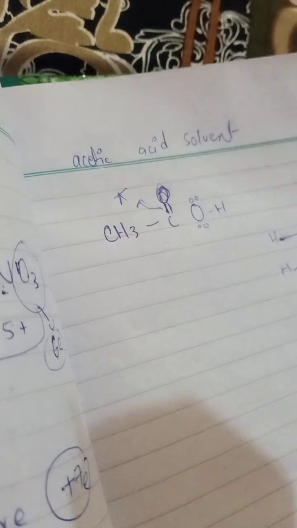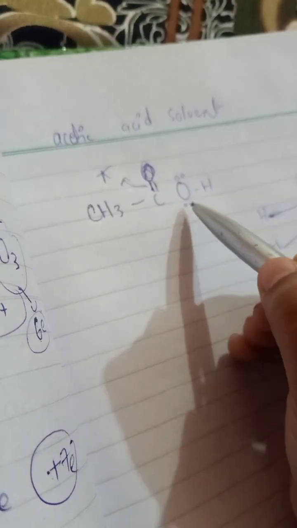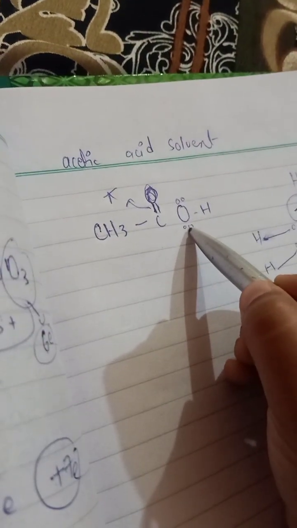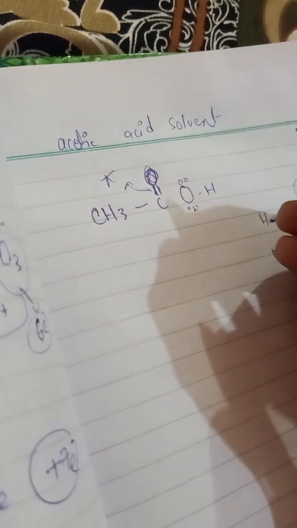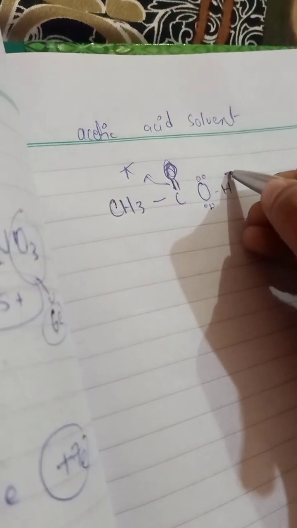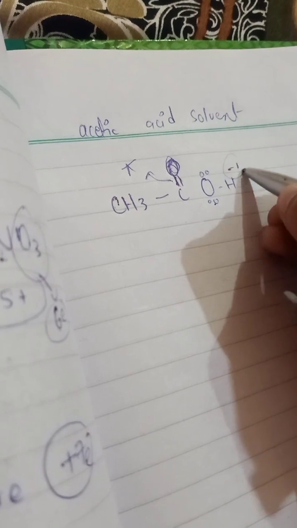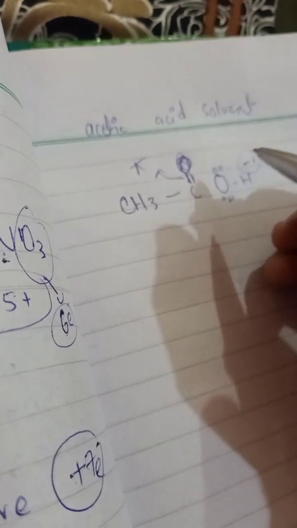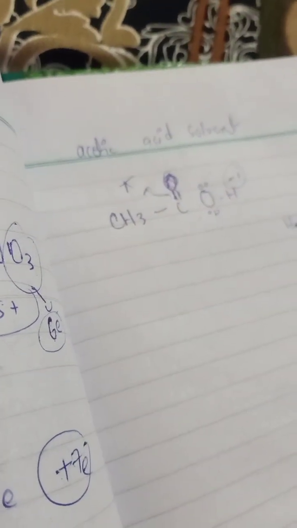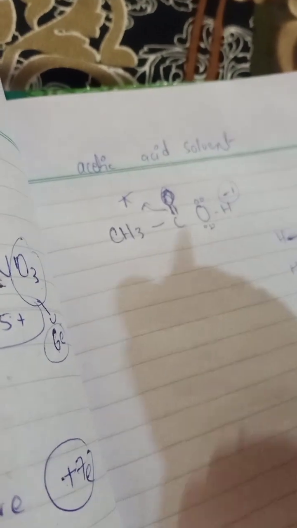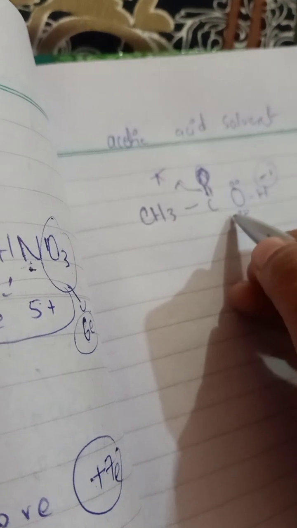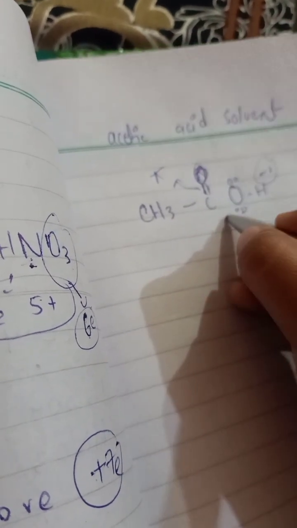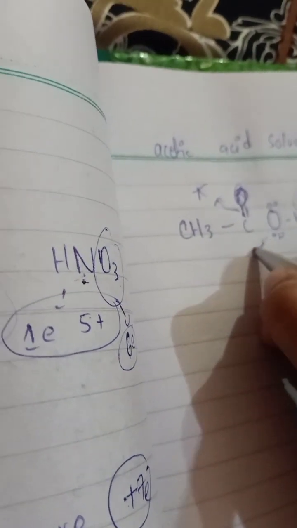The oxygen will be suppressed, and the proton will come, needing only 1 electron, so it will get suppressed, and the lone pair will be attracted to the carbon.